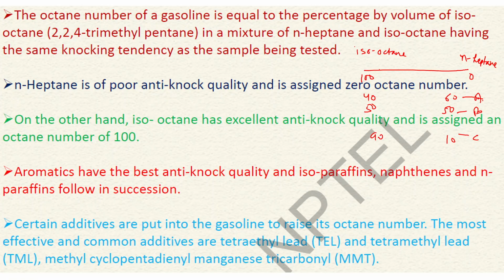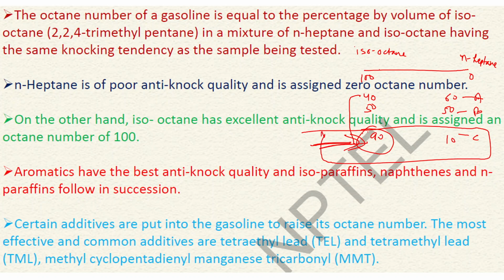Whichever sample's ignition quality matches ours, the volume percent of isooctane in that sample is taken as the octane number. Suppose our sample matches the ignition quality of solution C, in which 90 volume percent is isooctane. So the octane number of our sample is 90.